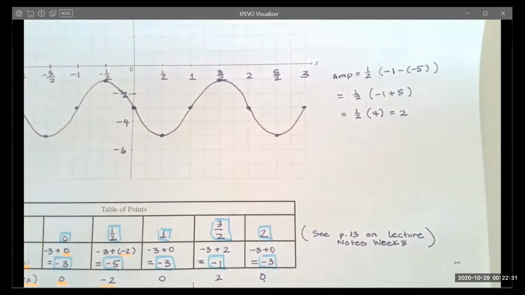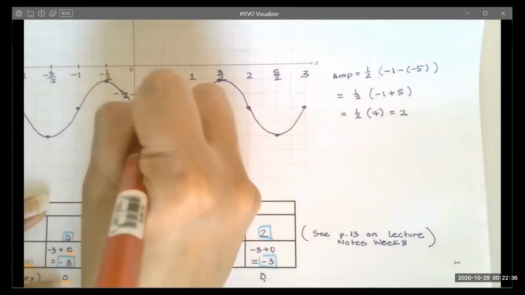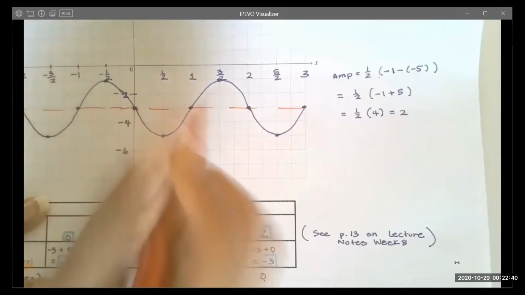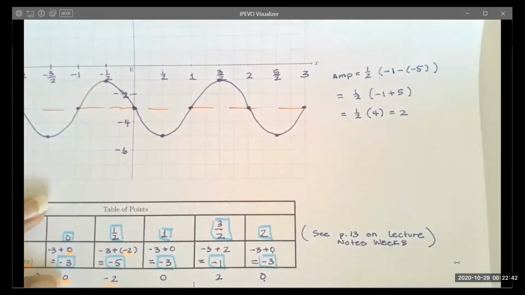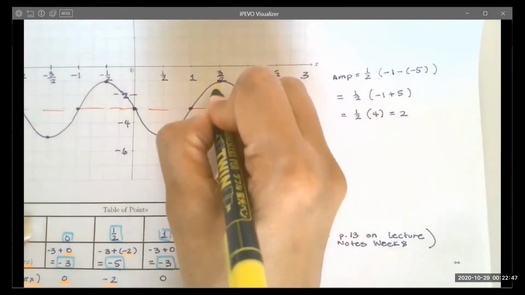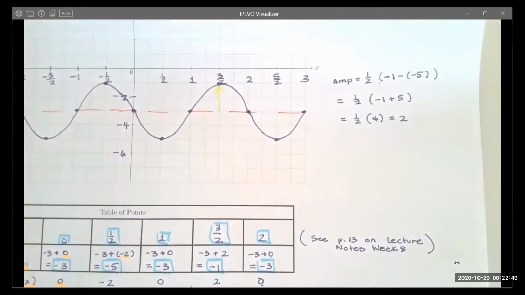And that makes sense because if we use this line at y equal to negative 3 as the horizontal line about which the graph is oscillating, then we see a distance between that line and the highest point. We see a distance of 2.